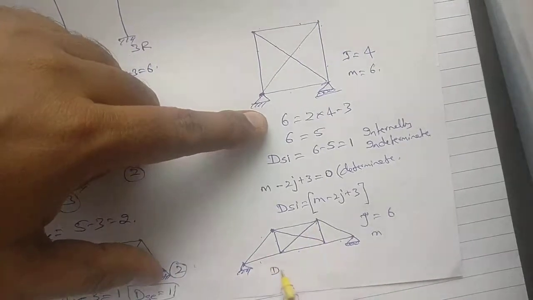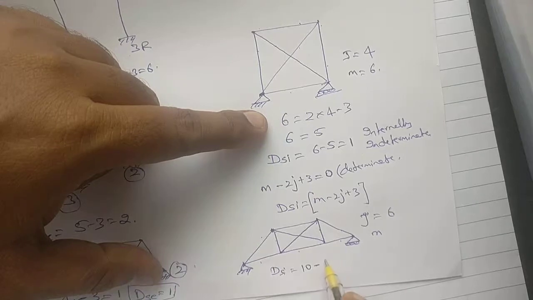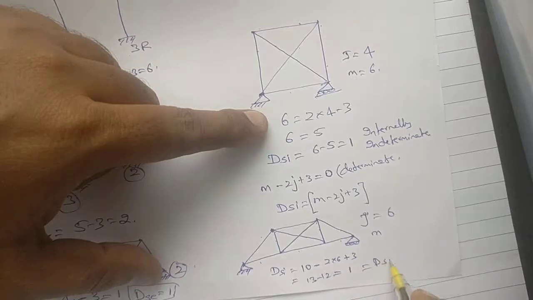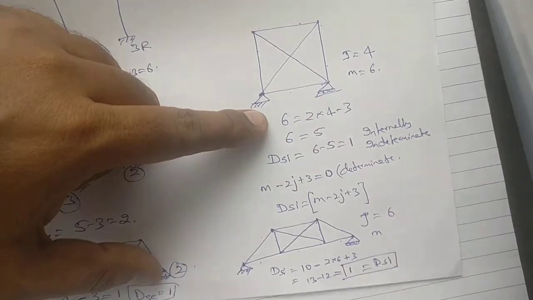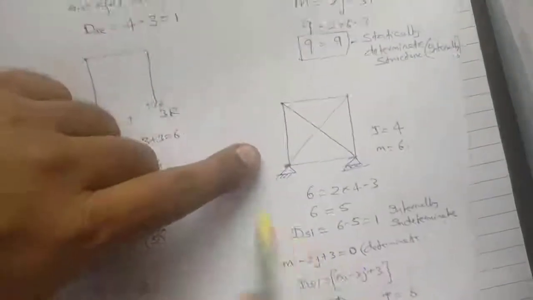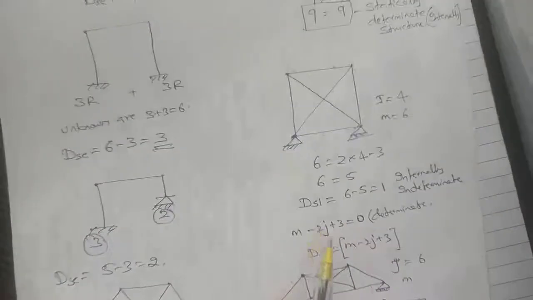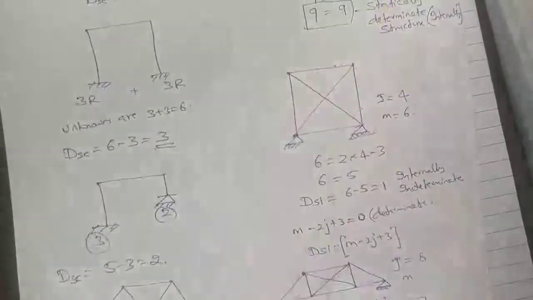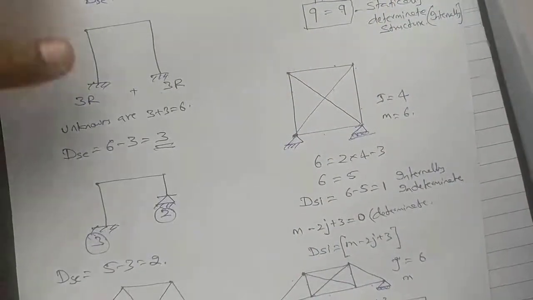So DSI is equal to 10 minus 2 into 6 plus 3, 13 minus 12, 1. Statically indeterminate by 1 degree. So in the next part of this unit we will be solving this type of indeterminate structure using Castigliano's second theorem.